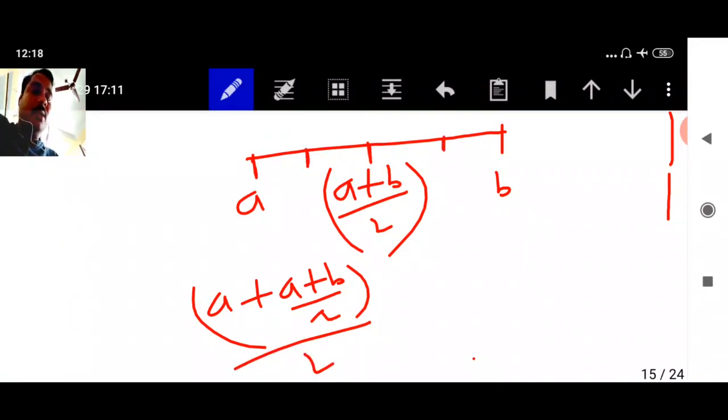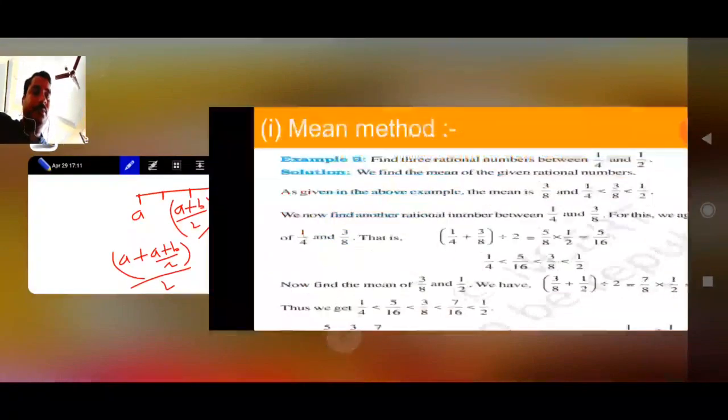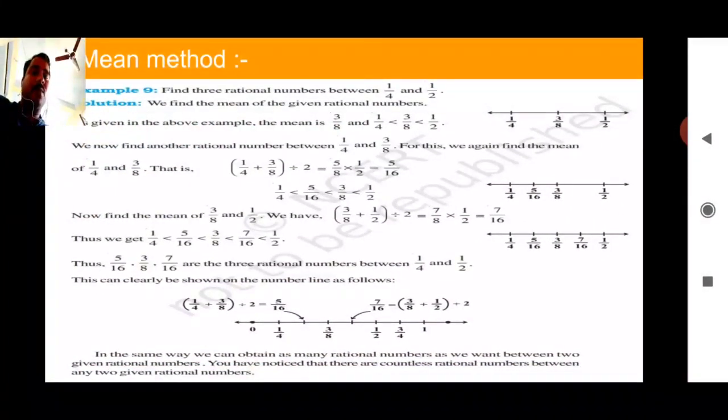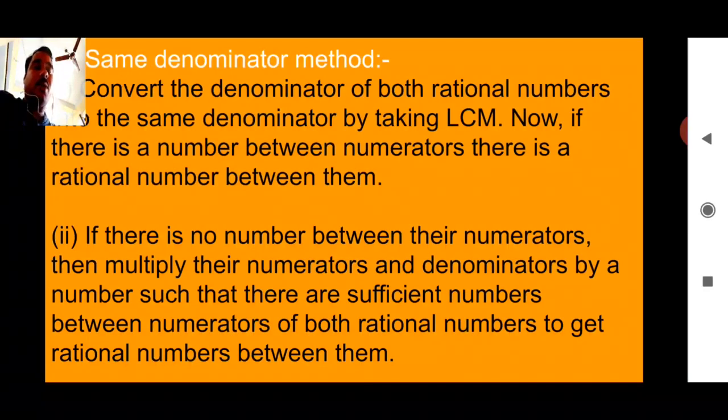Similarly, we can find rational numbers between these, and we can find as many rational numbers as we need. This is the mean method: finding the mean of two numbers and putting it between them. Again, find the mean of those numbers and put the number between them, and similarly we can get so many rational numbers. Next one, same denominator method.